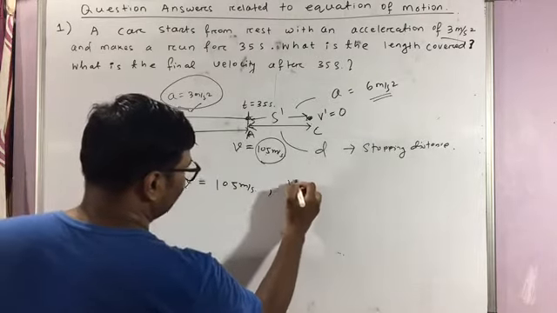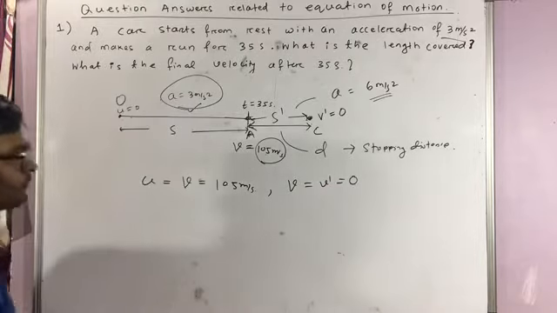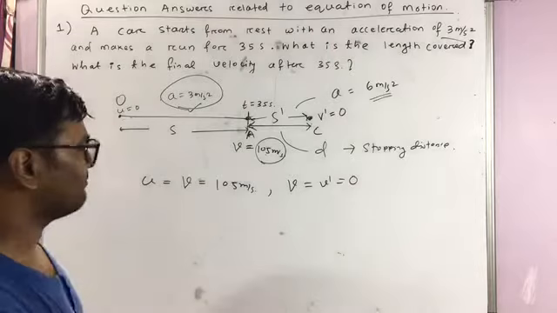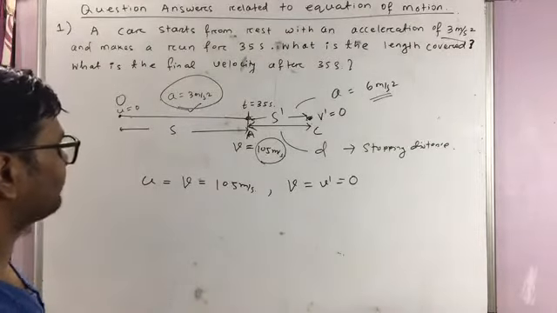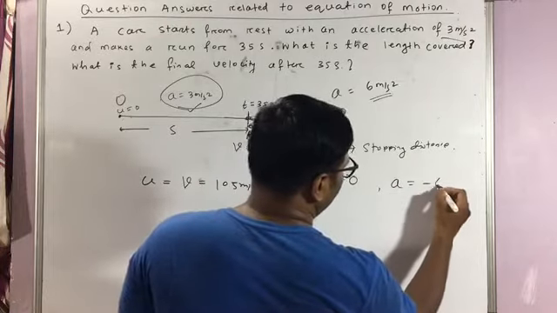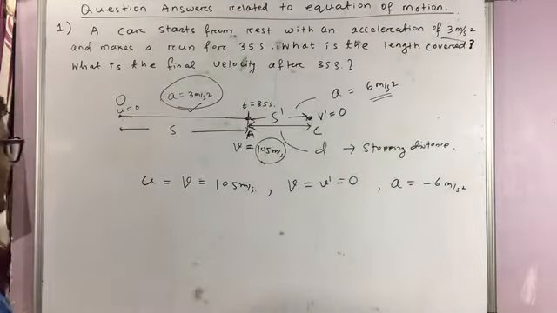Here the final velocity v, which is v dash, is 0. Got it? So u given, v given, and acceleration given. a is minus 6 meter per second square.